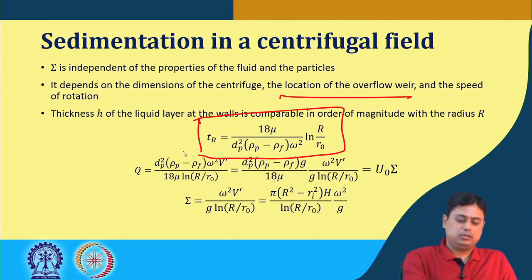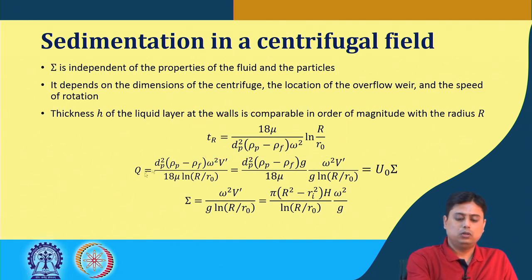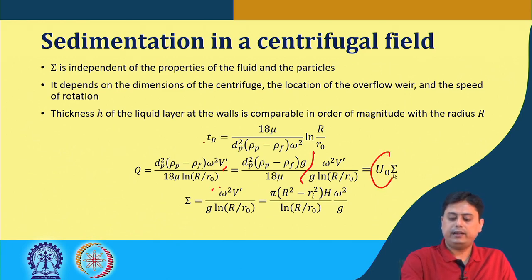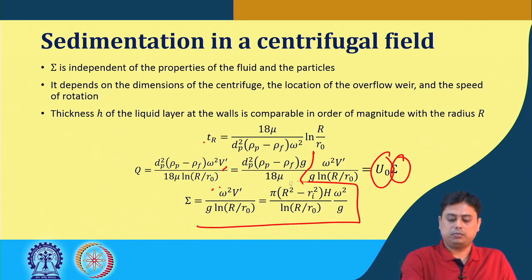And then again, similar to the previous expression, we write Q as V prime divided by this TR. We try to write it deliberately in terms of the single particle terminal velocity, and in this case the capacity term becomes this expression.